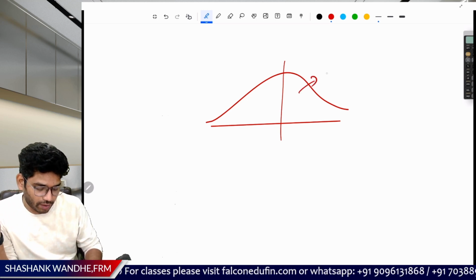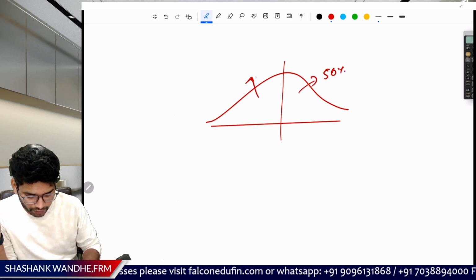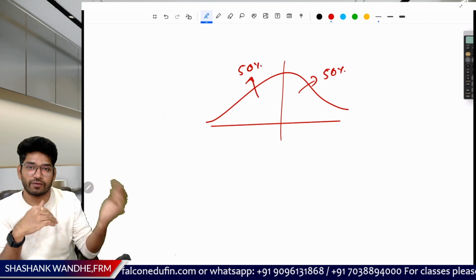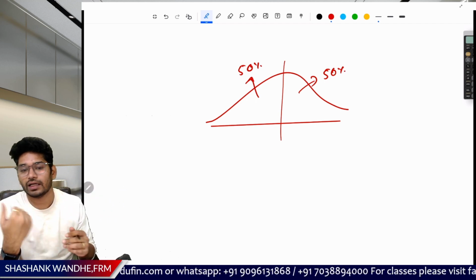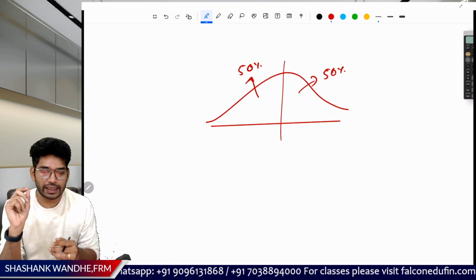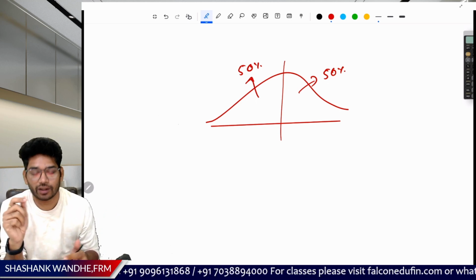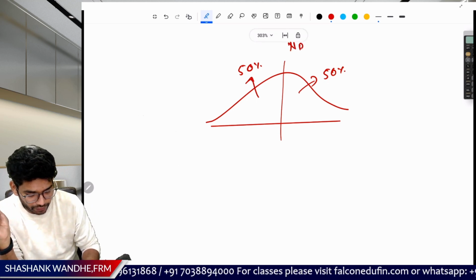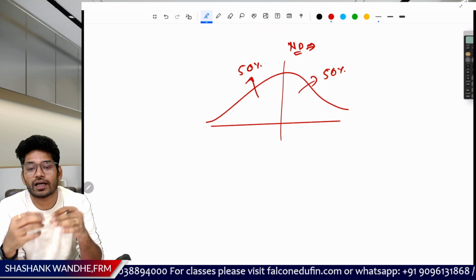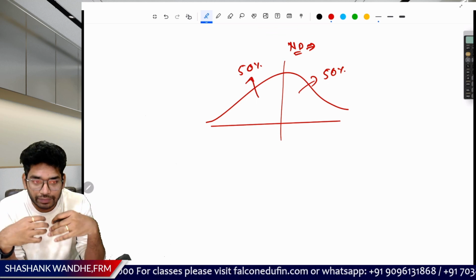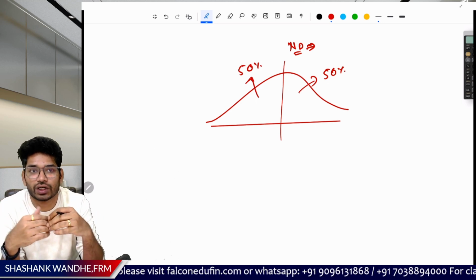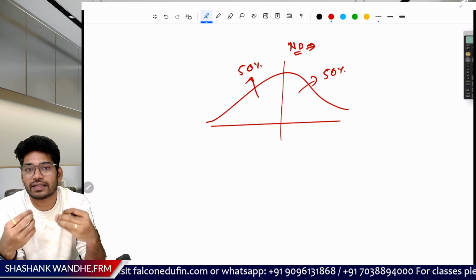Assume this is a normally distributed stock, 50% to the right of the mean or the center, and 50% to the left. The normality of the data set is very important. If the data is not normal, we can't use a lot of tools available in descriptive statistics, and that's why we need to measure the non-normality in the data.